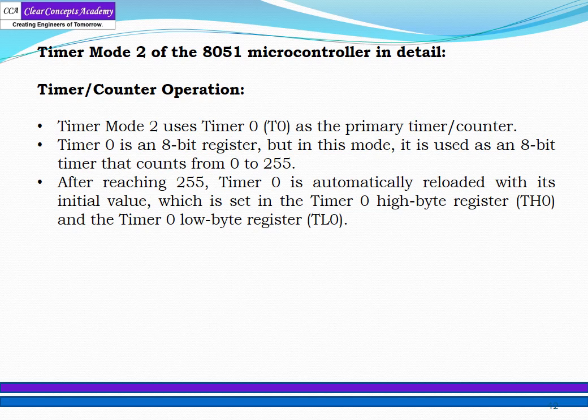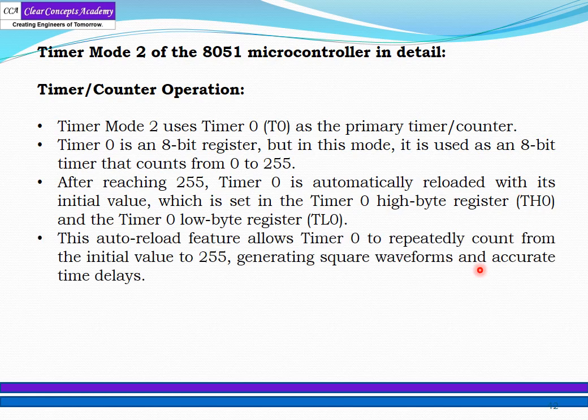After it reaches 255, timer 0 is automatically reloaded with its initial value, which is set in the timer 0 high byte register TH0 and the timer 0 low byte register TL0. We have seen how auto reload is done. Whatever value is to be reloaded has to be stored in TH0, that is the high byte, and this value will be reloaded into the low byte when the overflow or interrupt occurs.